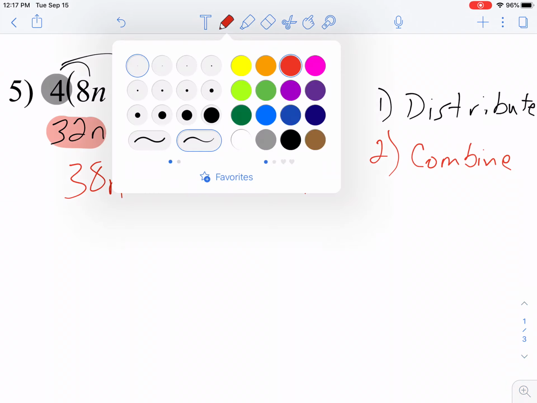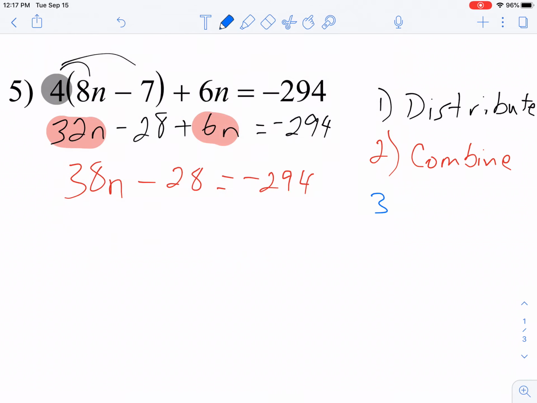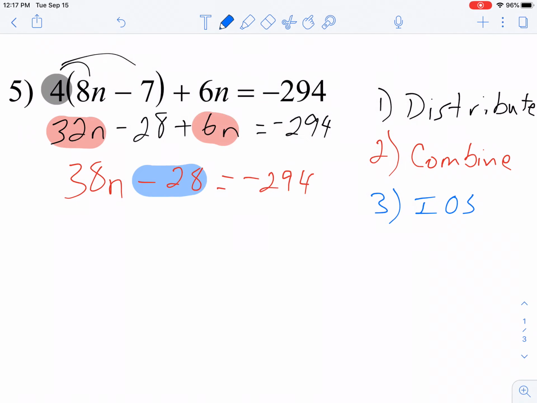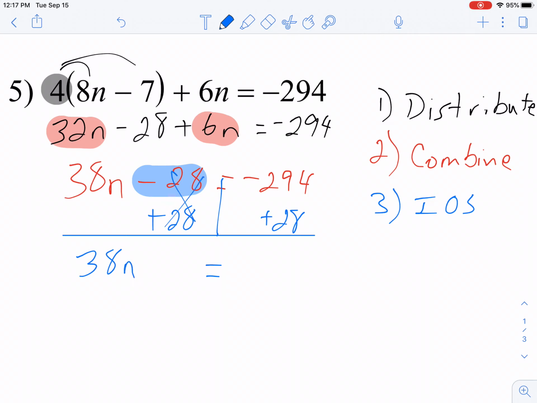And so my third step would be to do the inverse of subtraction, because I'm trying to get rid of this minus 28. So plus 28 on both sides of the equal sign. Again, remember, inverse means you got to do it on both sides. It means opposite. So 38n drops down. These cancel out. The equal sign drops down. Negative 294 plus 28.